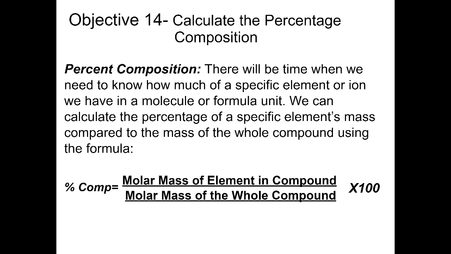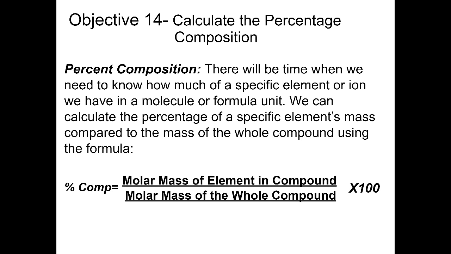So percent comp is equal to the molar mass of the element in the compound that we're looking for. Let's say I wanted to know the percent composition of hydrogen in H2O. We take the molar mass of the element within the compound, which in this case is 2.0 grams per mole.